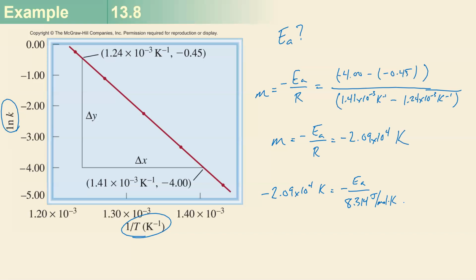I'm going to go ahead and divide through by that negative. And so I get 174,000 joules per mole is equal to my activation energy. I want this in kilojoules per mole rather than in joules per mole. And so I end up with 174 kilojoules per mole.